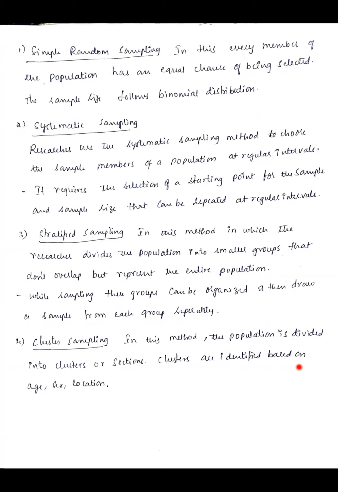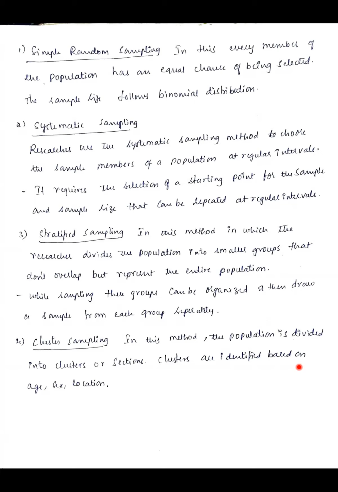In stratified sampling, we divide the population into small groups. In the same way, in cluster sampling also, we divide the population into small groups, but here you call them clusters. Why? Because the clusters are identified based on age, sex, or location.